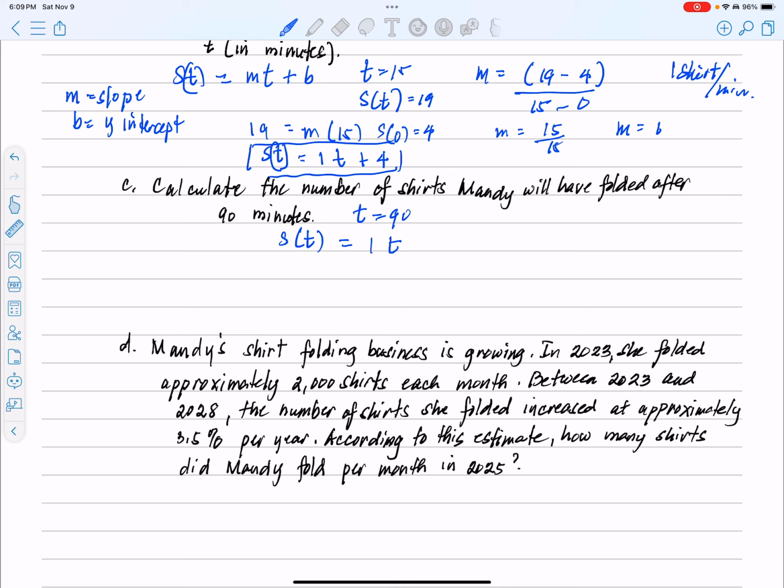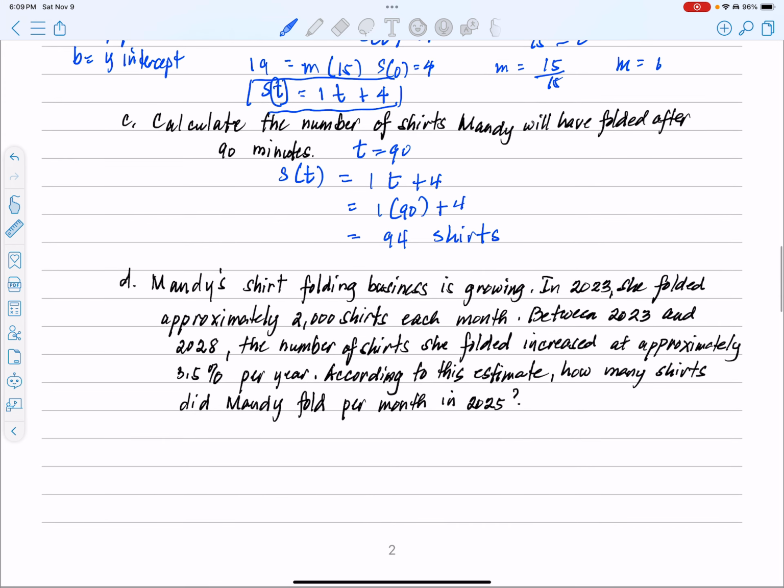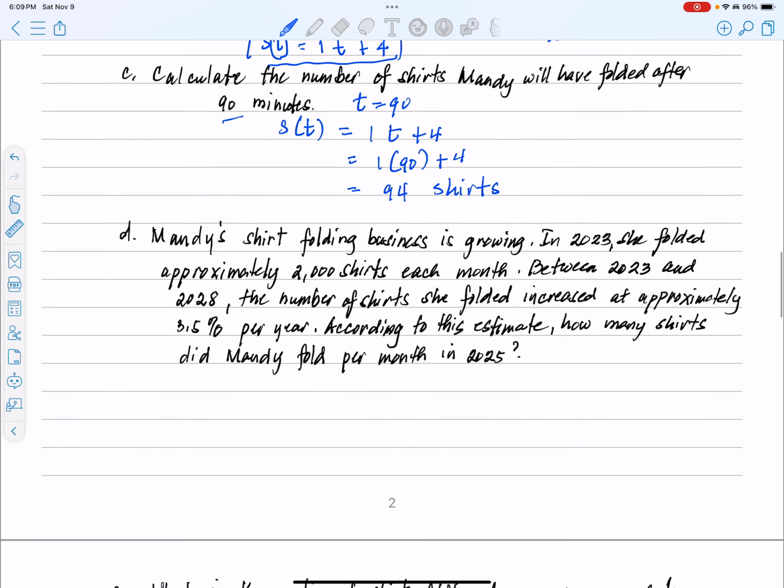So that would be 1 times 90 minutes plus 4. So 90 plus 4, it will be 94 shirts that she folded after 90 minutes.